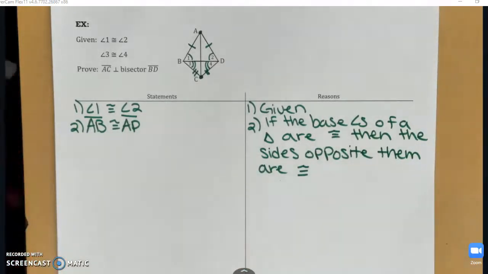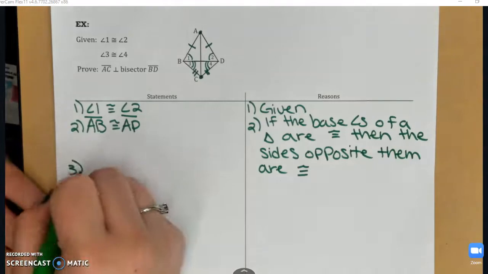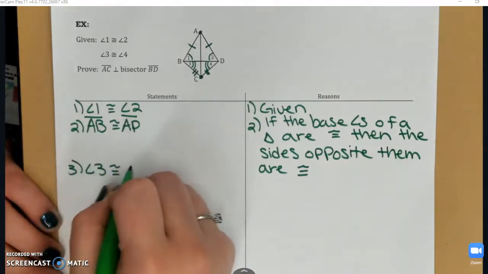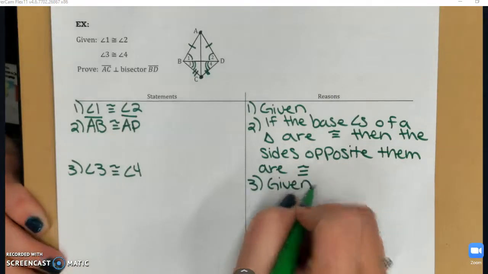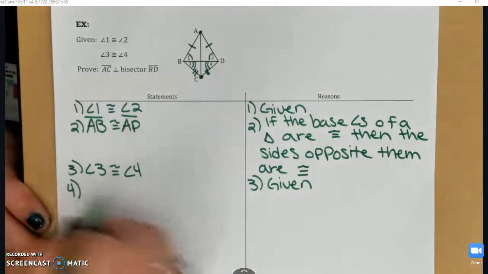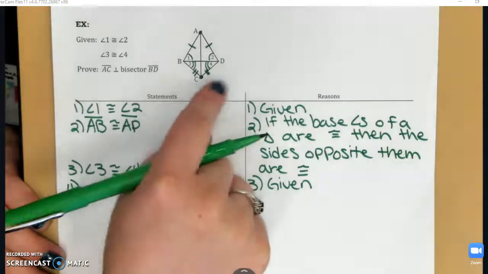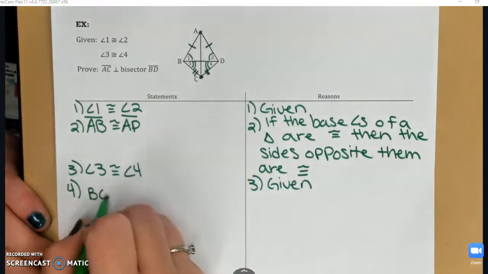So AB is congruent to AD. Then I had my other set of givens that angle 3 is congruent to angle 4. That was given. And then because angle 3 is congruent to angle 4, I knew BC was congruent to DC.